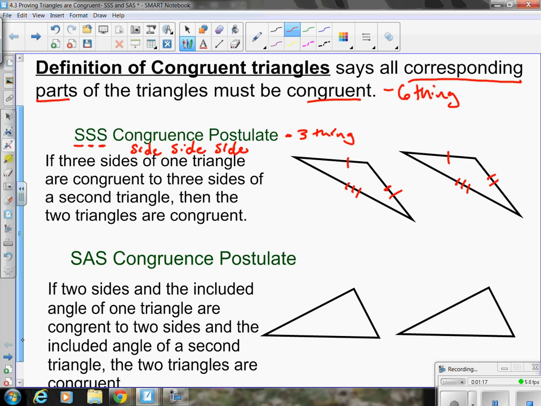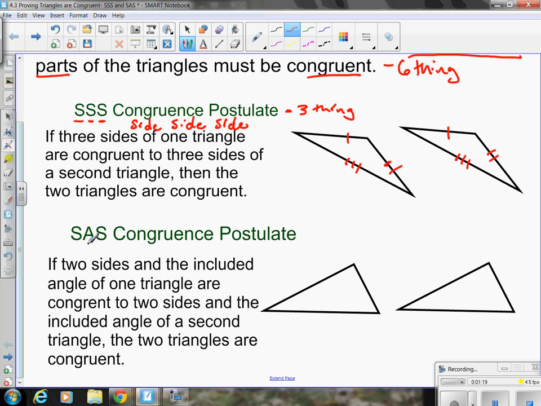The second postulate is the side angle side congruence postulate. So here we need a side, an angle, and a side. Now the angle being between the 2 sides is pretty important as we read through here. If 2 sides are, and the included angle. Included angle means the angle between the 2 sides.